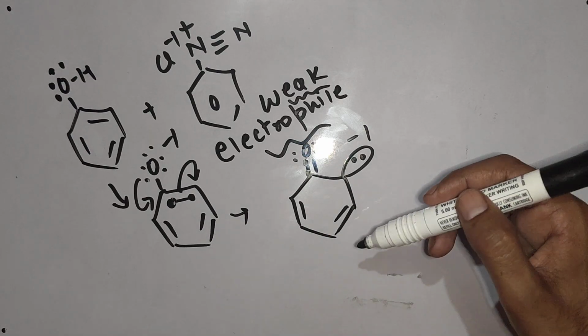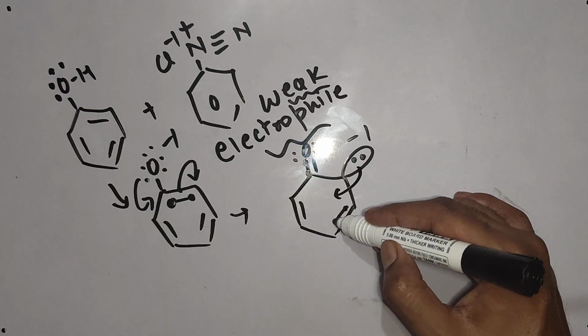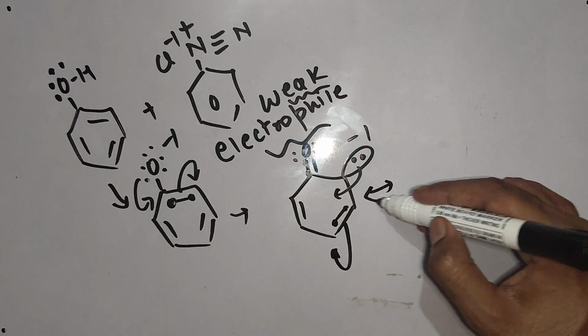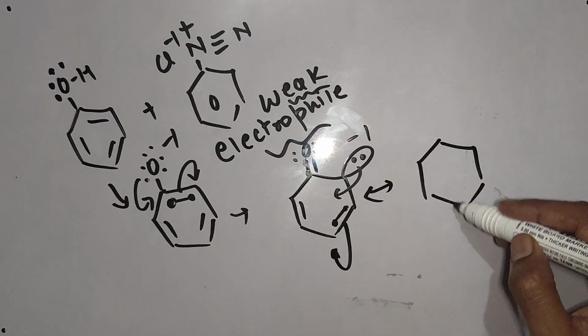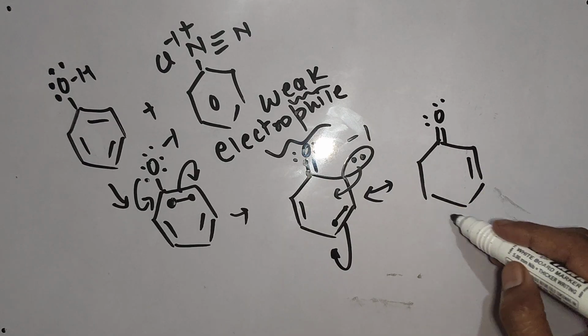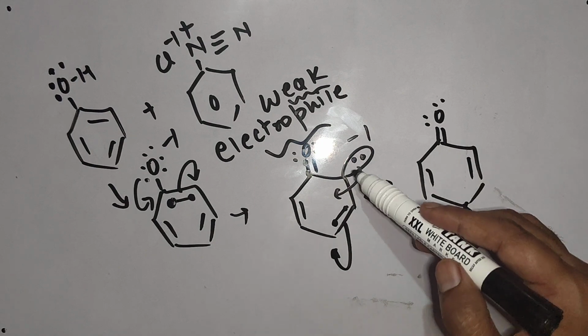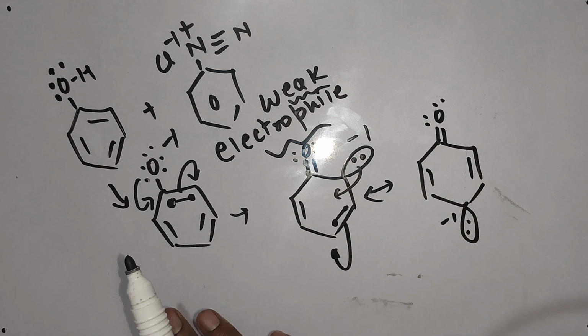This is resonance. Resonance we know very well. Already we have discussed these points in previous videos. Then this will happen. So you can check, the electron density is increasing on the ortho and para positions.